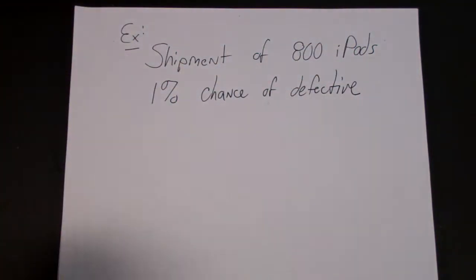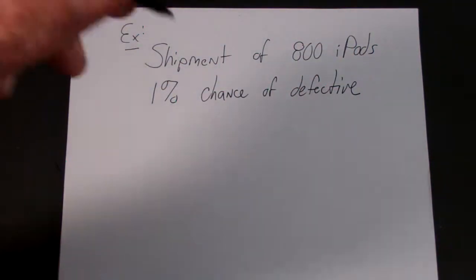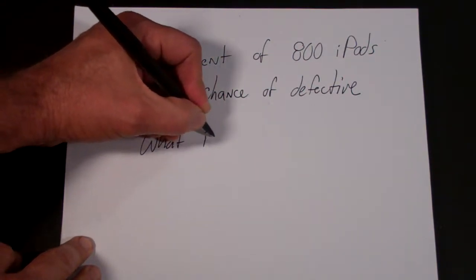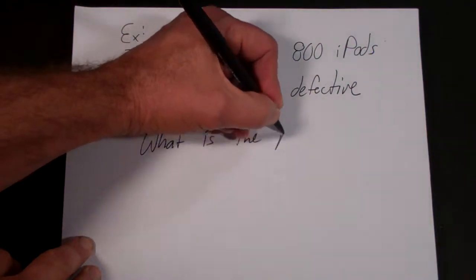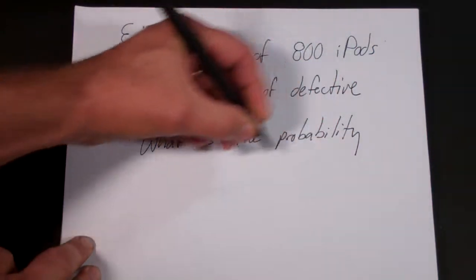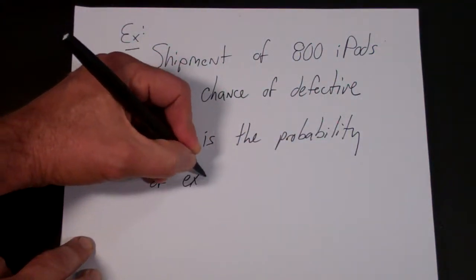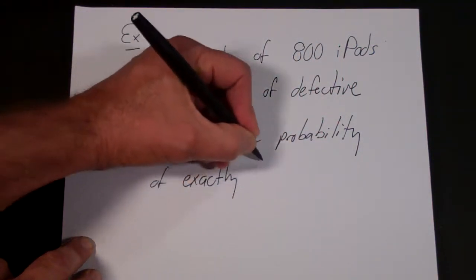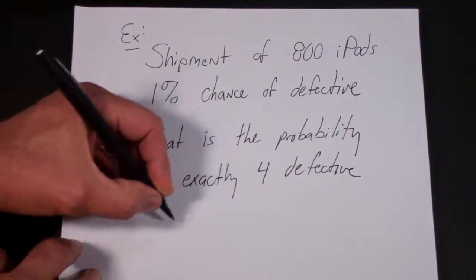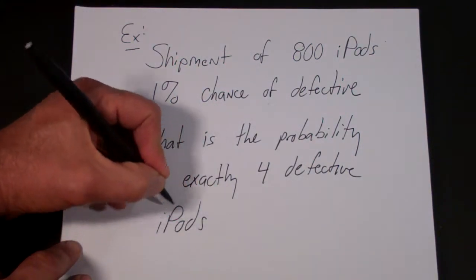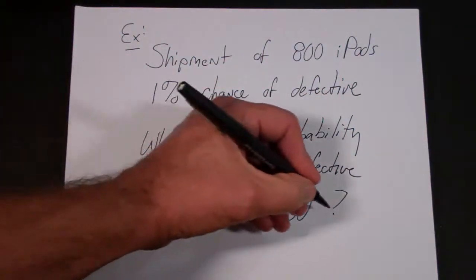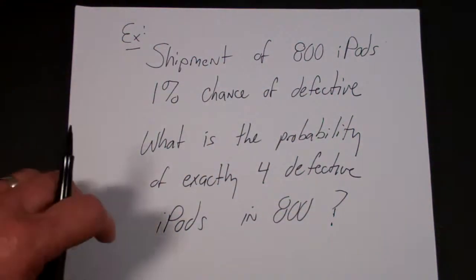And you had the question, if you ship 800 iPods, what's the probability of exactly 4 defective iPods in a shipment of 800? And that's exactly the type of problem.